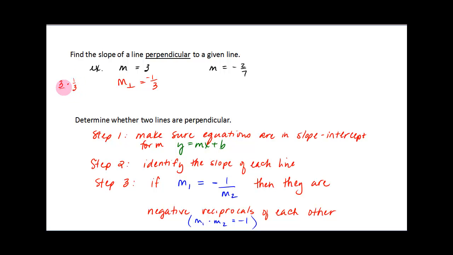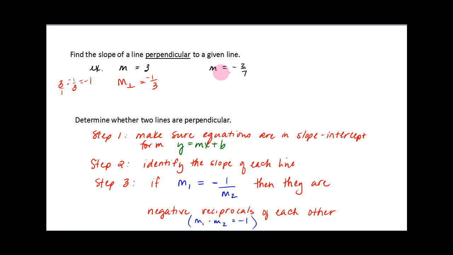We kind of picture this as an imaginary 3/1. So its reciprocal means I just change its place from the numerator to the denominator, or I switch it. And now for perpendicular lines, we're saying negative reciprocal. What happens if I multiply the number 3 times its negative reciprocal? I get -1.